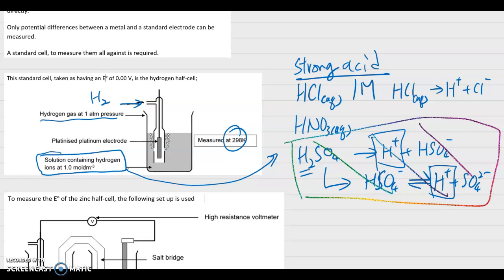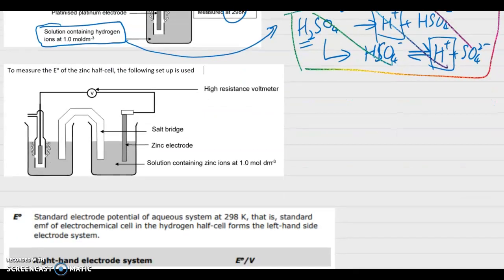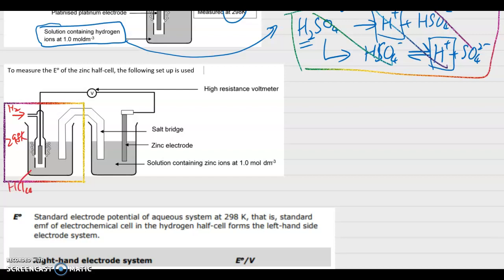By using this hydrogen half cell, we can compare the standard electrode potential of a certain compound. Let's take the zinc half cell as an example. On the left hand side, you can see we have a hydrogen standard electrode, with hydrogen gas pumping in at 1 atm and 298 K, and hydrochloric acid 1 molar, connected to the voltmeter.